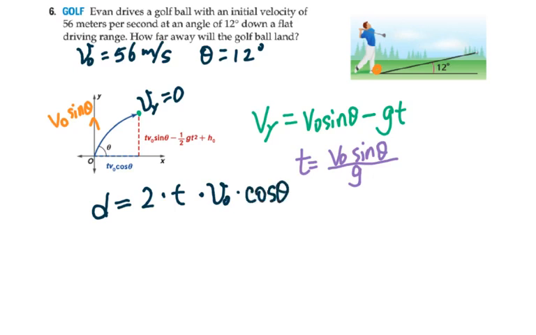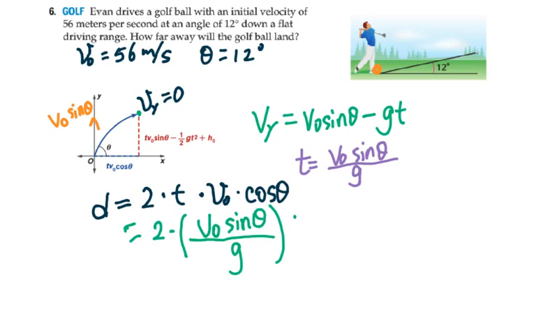That's how you figure out this d. Therefore, we plug in, you will get 2 times V0 sine theta over g, then V0 times cosine theta.